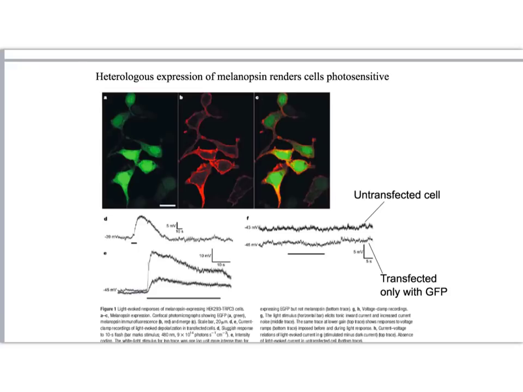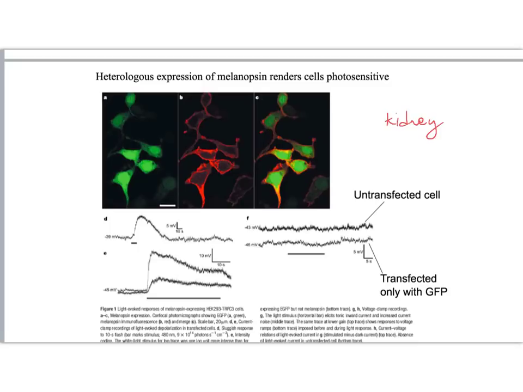In this example, what the authors did was express melanopsin in a cell culture line derived from kidney. And of course, kidneys are not photoreceptive, right? Our kidneys do not respond to light. But this cell line that is originally from kidneys can in fact express melanopsin.